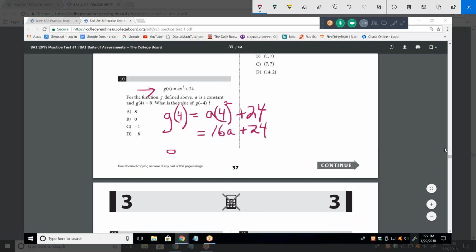Now, tell me what g of minus 4 is equal to. A times negative 4 squared. Do all that math. Tell me what the answer is. Negative 16a plus 24. Ah, it's not negative 16. What's negative 4 squared?